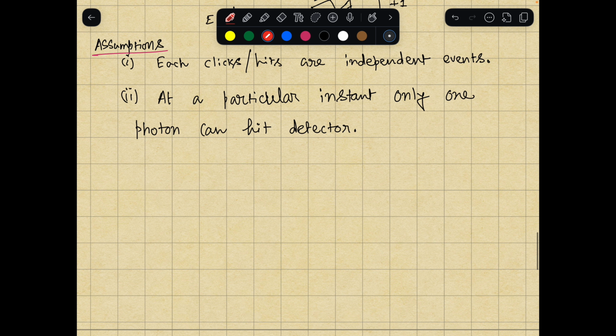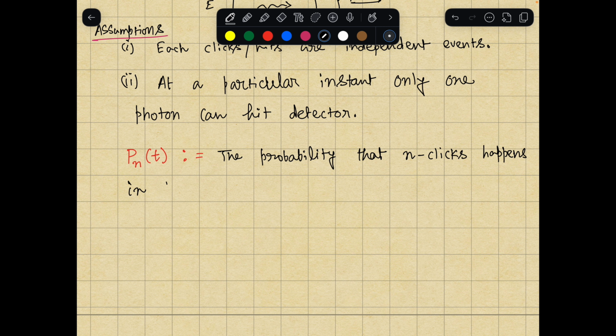Now with these assumptions, our interest is to calculate the Poisson probability distribution. Now what is the Poisson probability distribution? The Poisson probability distribution Pn of t is the probability that n clicks happen in time t.